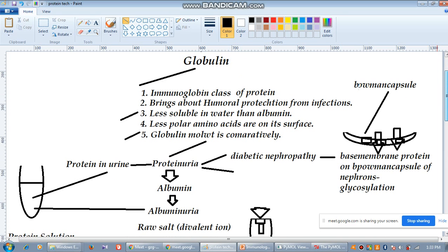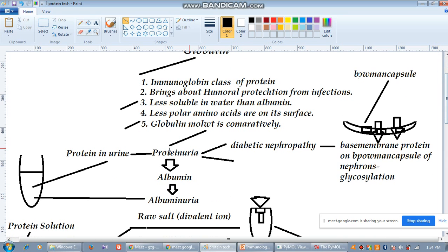So in this question you write about everything, that globulin is so big that it cannot come out of the body very easily in comparison to albumin, which can come out of the body through urine in cases like proteinuria, and proteinuria takes place in various conditions.